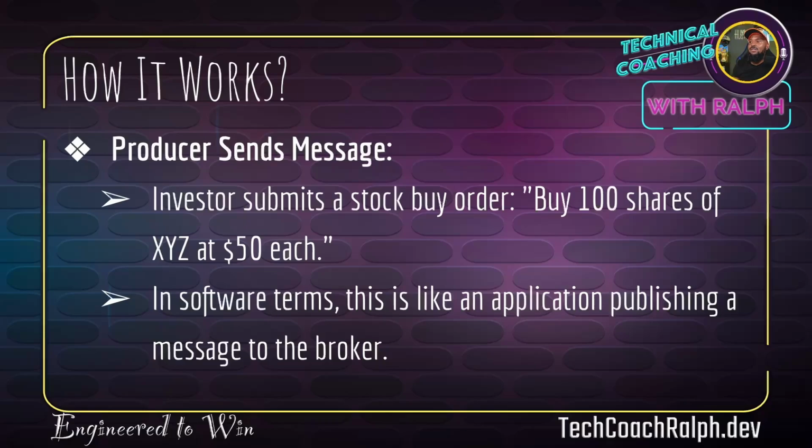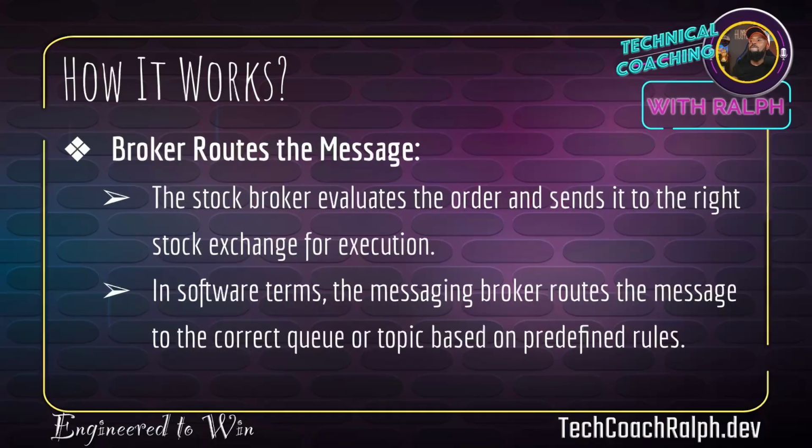So how does this actually work, right? The producer sends a message. Investor submits a stock buy order: buy 100 shares of XYZ at $50 each. In software terms, this is like an application publishing a message to the broker. The broker routes the message. The stockbroker evaluates the order and sends it to the right stock exchange for execution.